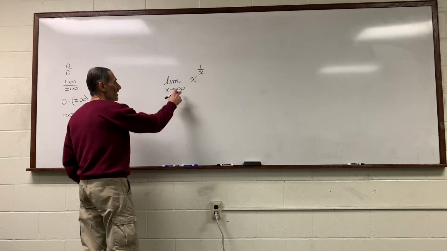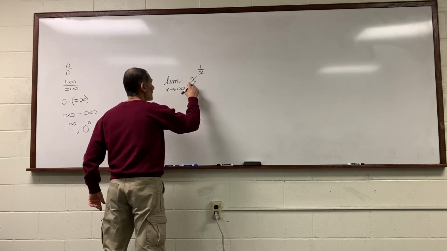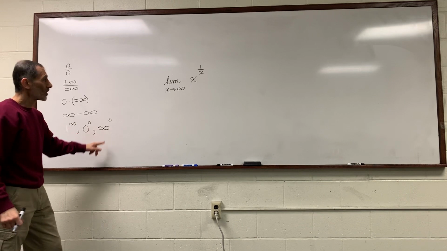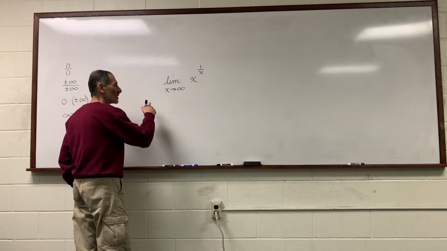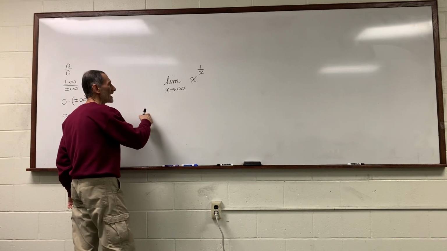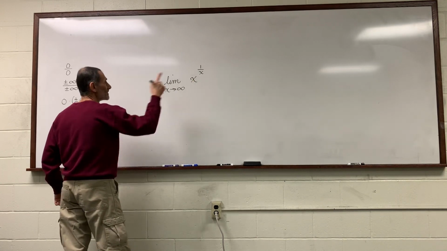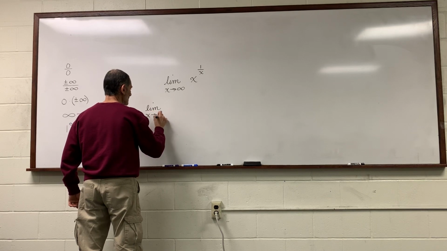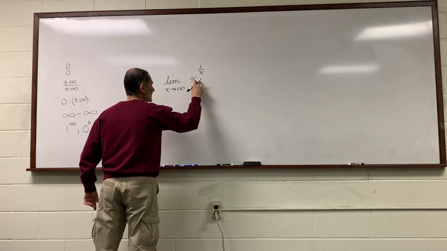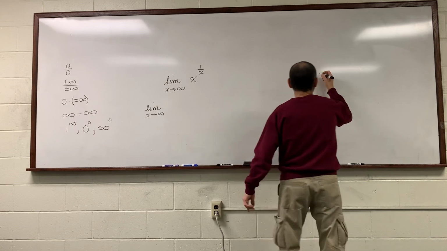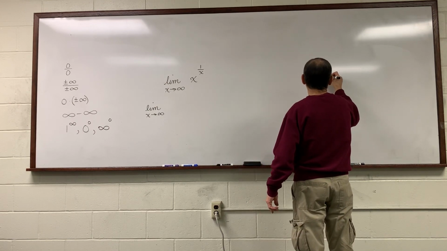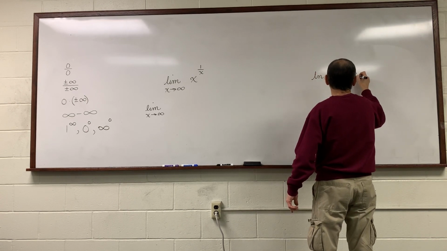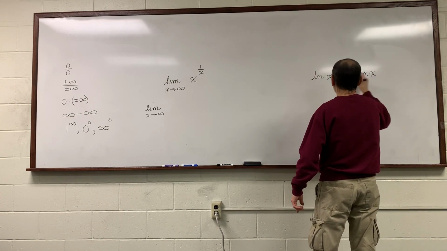Right? So, if we plug in infinity here, we get infinity to the 1 over infinity, which is 0. We get infinity to the 0. So, I am not going to write an equal sign here because the limit I am about to evaluate is not that same limit. It's the limit of the log of that. I am going to take the limit as x approaches infinity of the log of this expression. Now, you'll remember, I hope, from our properties of logarithms, that the log of x to the a equals a ln x.